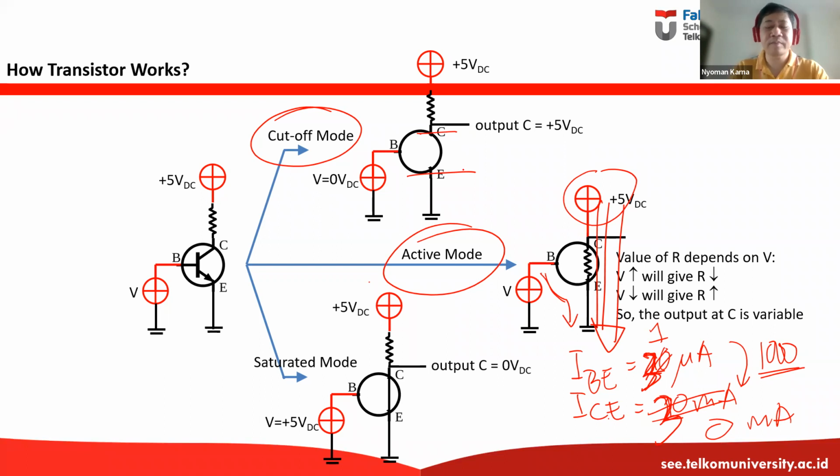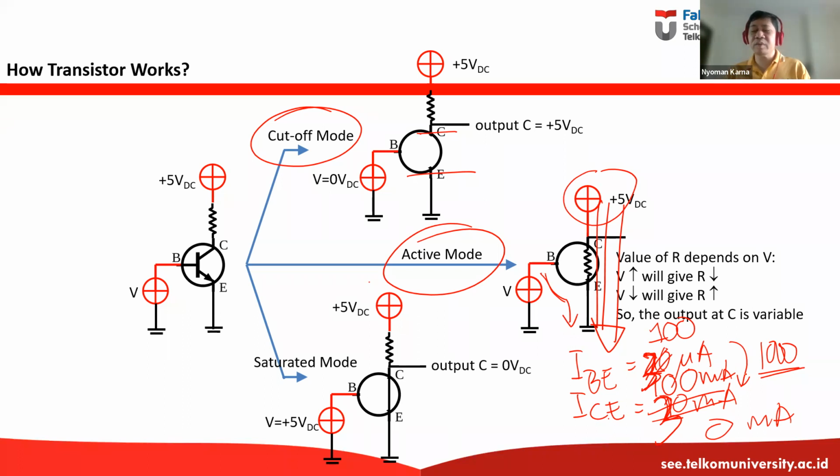Now, the next one is when I put a current to the base that is too big. Let's say I put 100 microampere, so this is supposed to create 100 milliampere, but it's too big for the transistor.